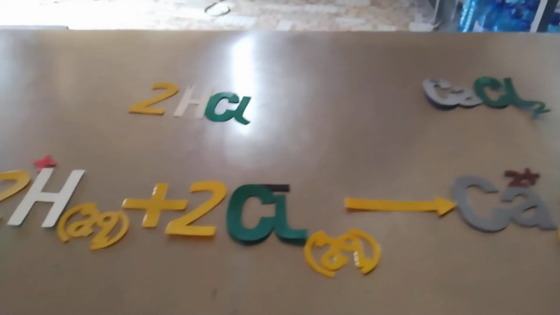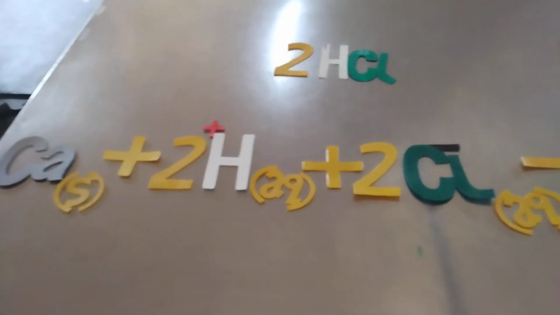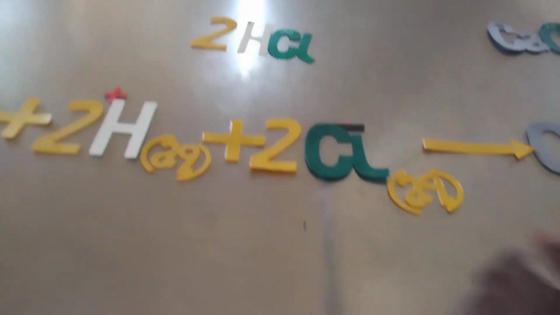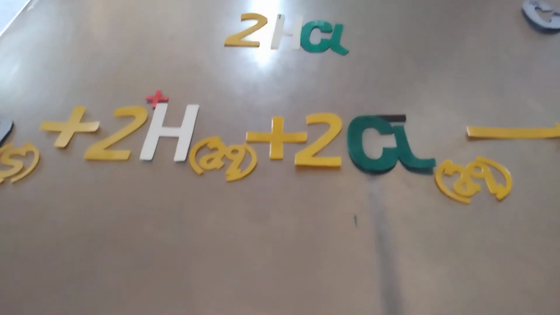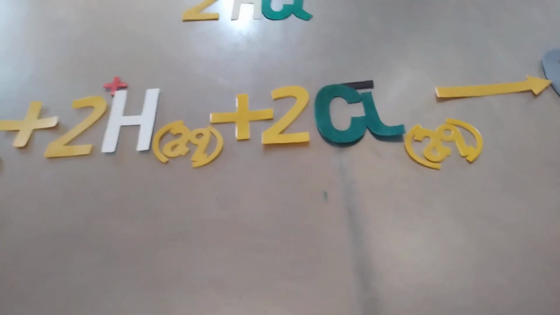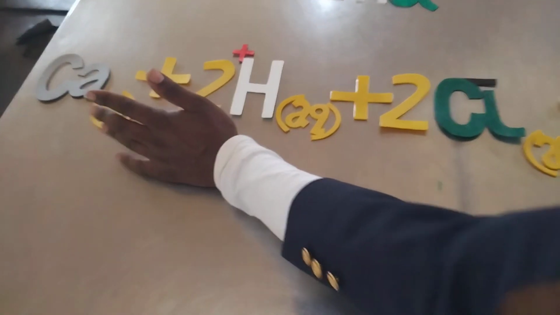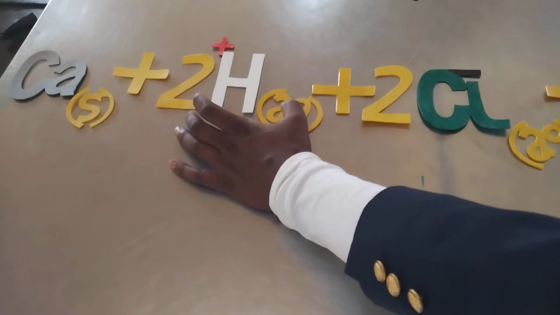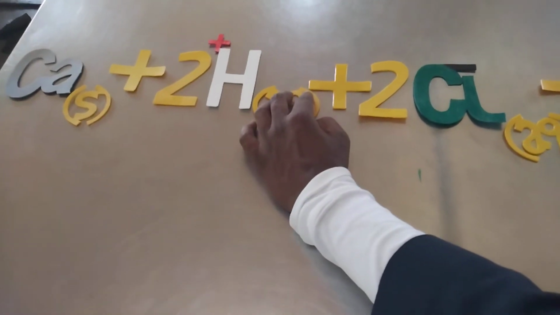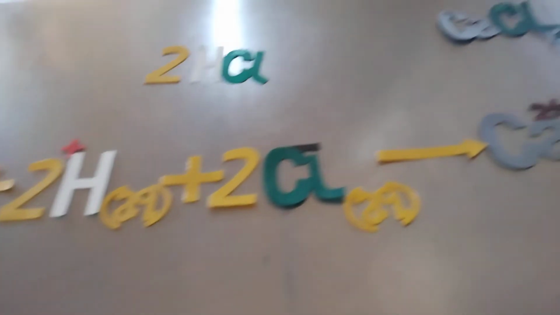Now, for you to be able to write the ionic equation, you need to look at the ions that are appearing on this side and are also appearing on this side, and you eliminate them. So on this side we have calcium, it's a solid, so that is not an ion. We have these two hydrogen ions. On this side we don't have any hydrogen ions, so that one is going to remain.